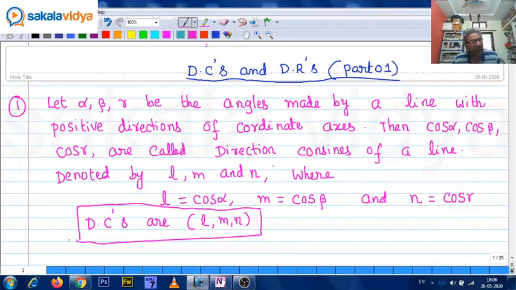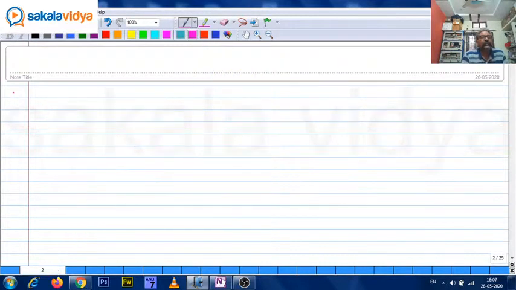Today we shall discuss this direction cosines. Now let us move to the second page. Second concept.